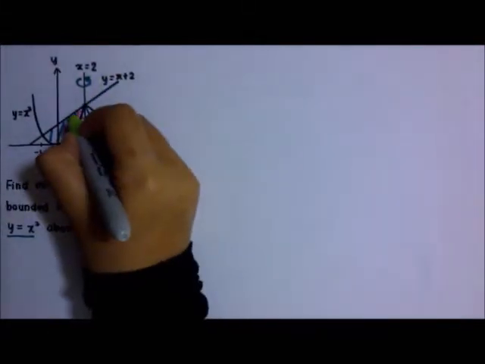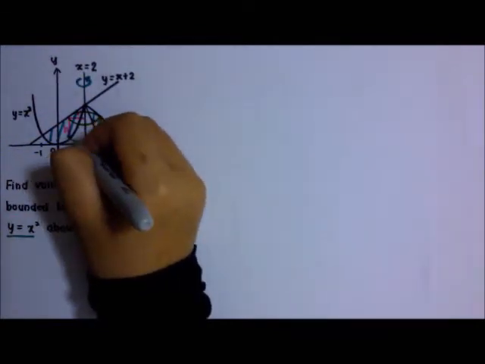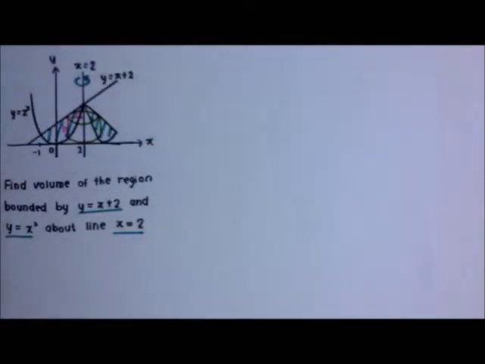Then, we need to find the radius and height. After that, draw a cylinder. Now you can see there is a cylinder formed.